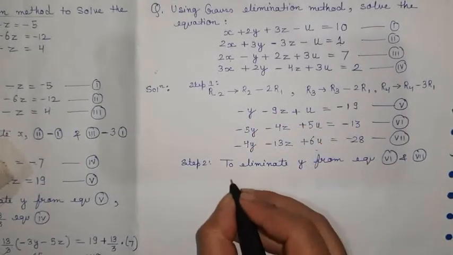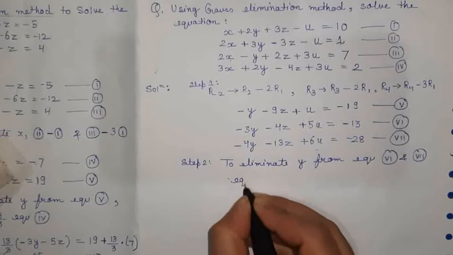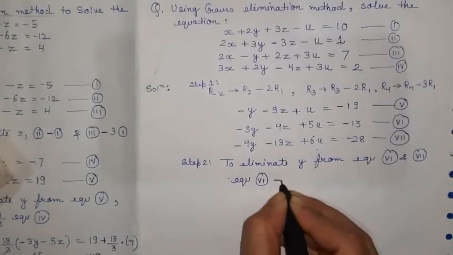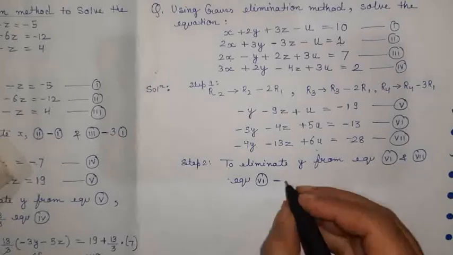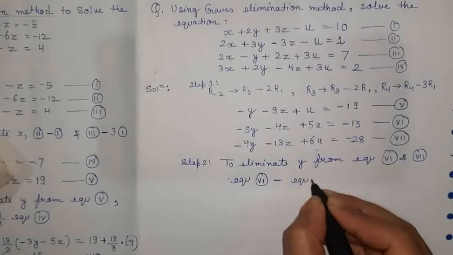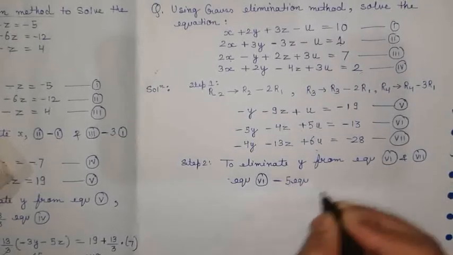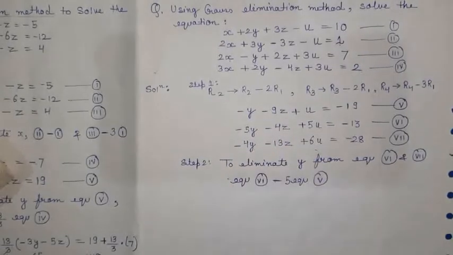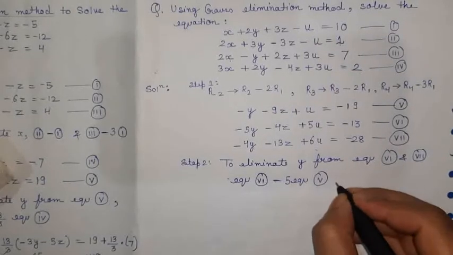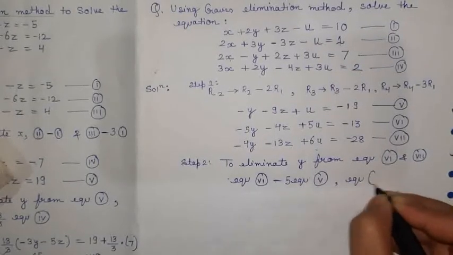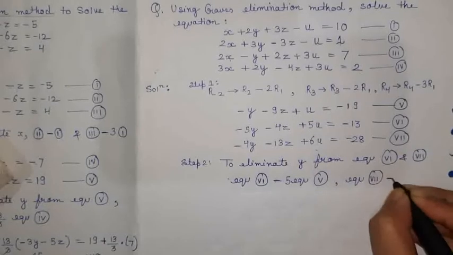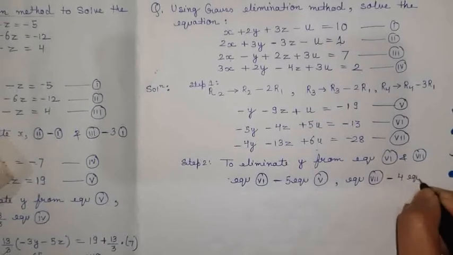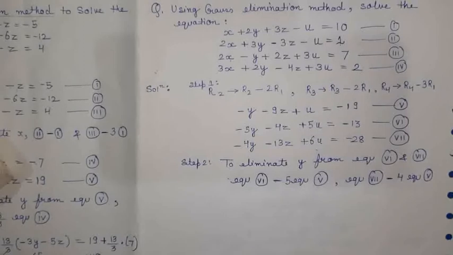We will subtract 2 times equation 5 from equation 6, and since minus and minus becomes plus, that works out. And for equation 7, we will do equation 7 minus 4 times equation 5. This calculation we will do.